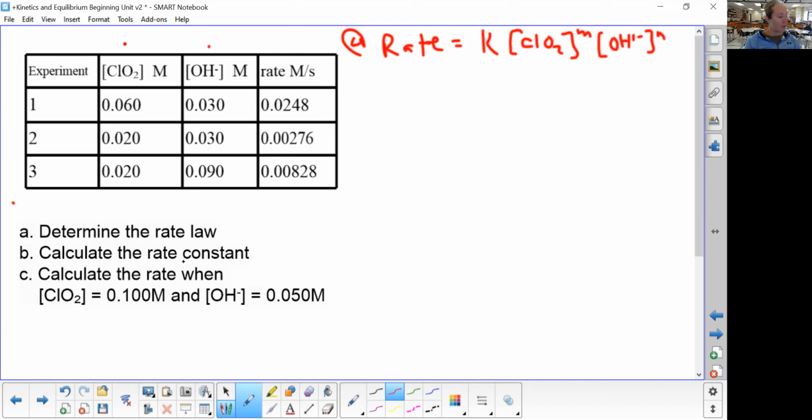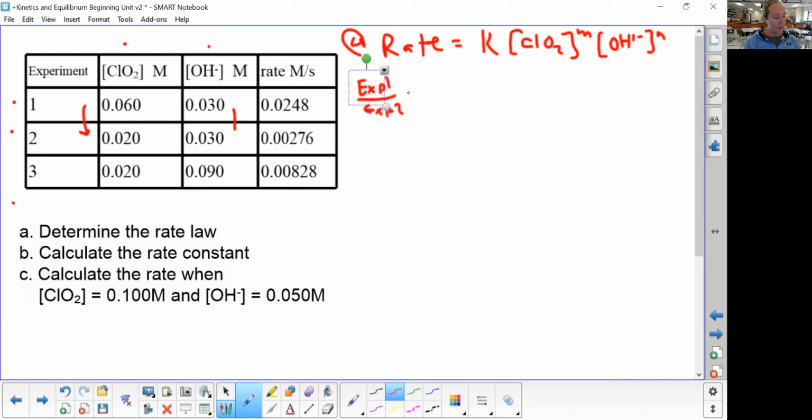So let's look at our experiments and the different concentrations. From 1 to 2, we see a change in the concentration of the chlorine dioxide, and the hydroxide is staying the same. So we can use that to our advantage to solve for m. I'm going to do experiment 1 over experiment 2.